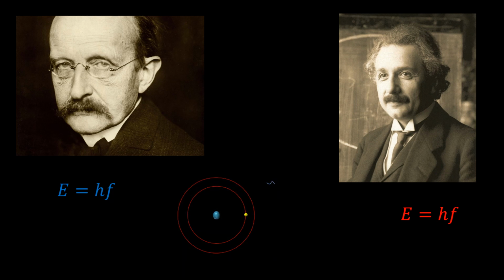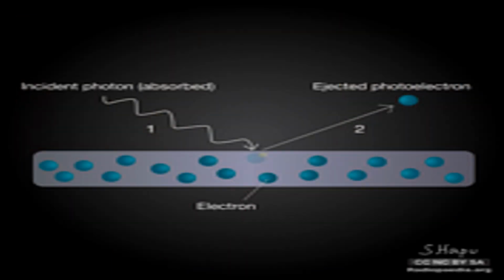This was proven to be true by the photoelectric effect, where it was shown that the higher the frequency of the light incident on a metal surface, the greater the kinetic energy of the emitted electrons. This once again suggested that light was made of particles which were later called photons. Einstein said the energy of one photon was equal to Planck's constant times the frequency, and this energy was called quanta.